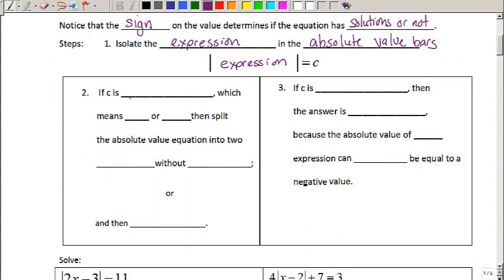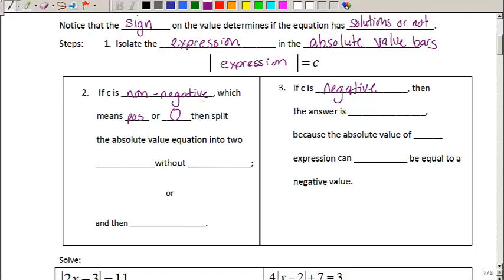If c is non-negative, which means positive or 0, then we'll talk about what we do there. But the other case is if c is negative, and then we do something else there. In the last two examples, we saw that if c was positive or if c was negative, we have very different solutions. So you have to treat them differently.